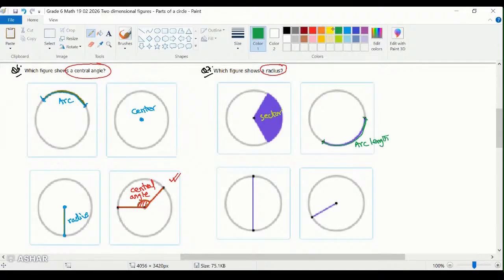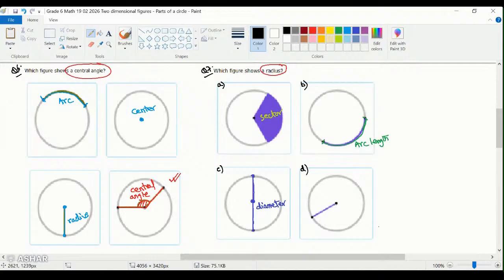A line that passes through the center of the circle, touching the 2 ends of the circle, is always known as the diameter. Then okay, I'll put the letters, right? If this is A, B, C, and D, okay?